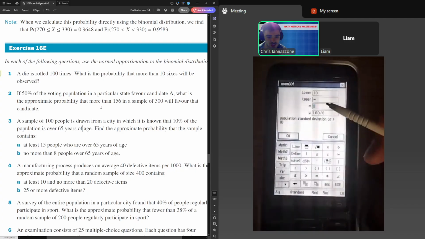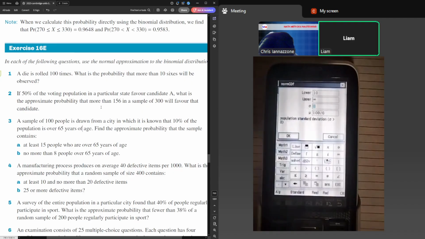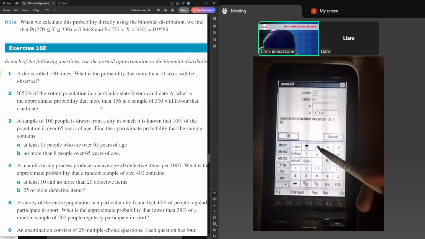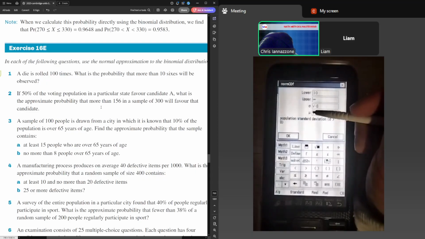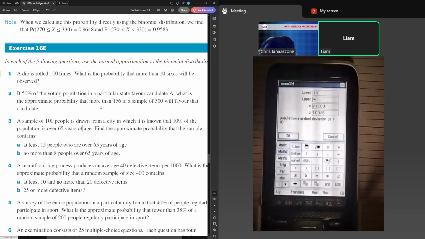Standard deviation is going to be that equation that you wrote down with the square root. The square root of np, which is the mean again, times 1 minus p. So 100 times 1 over 6, times 1 minus 1 over 6.